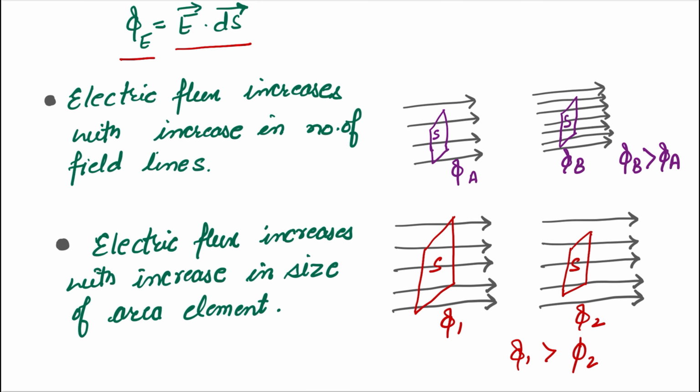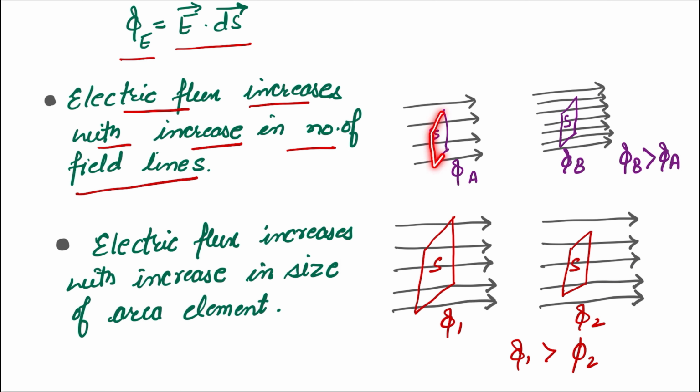Secondly, if you increase the area element, then the flux is also going to increase. To understand this, we have written two lines. Electric flux increases with an increase in the number of field lines. We have chosen two area elements.